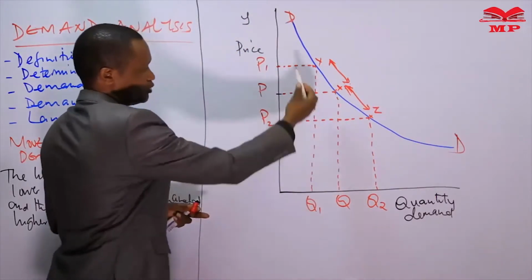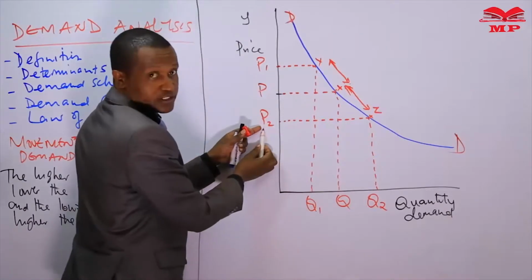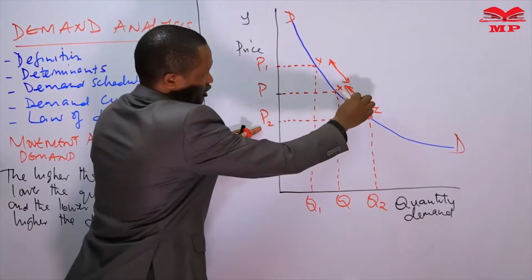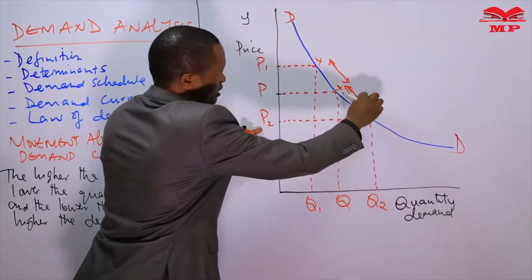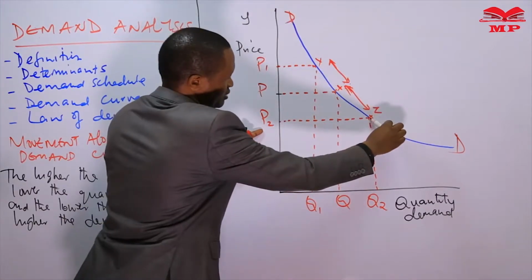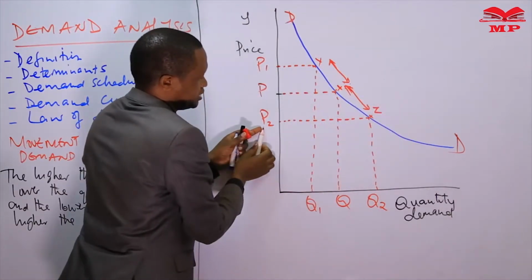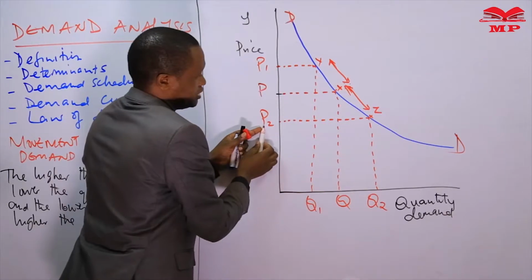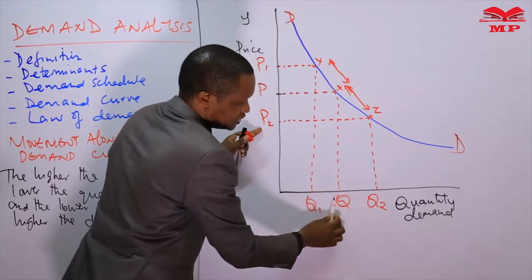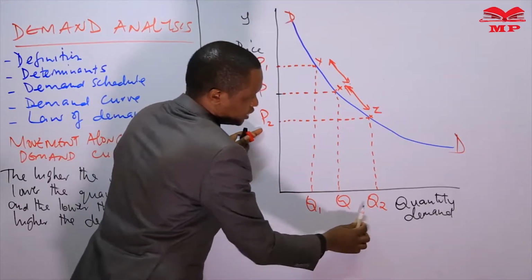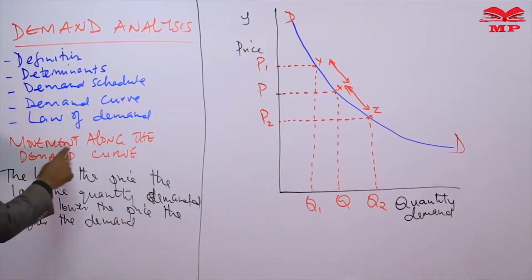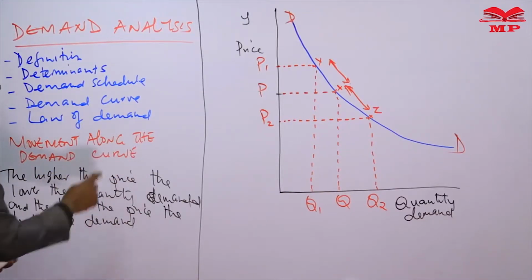There is a movement. When you reduce the price of a commodity, there will be a shift along the demand curve from X to Z, because a decrease in the price of a commodity will lead to an increase in quantity. That is what we are talking about, movement along the demand curve.